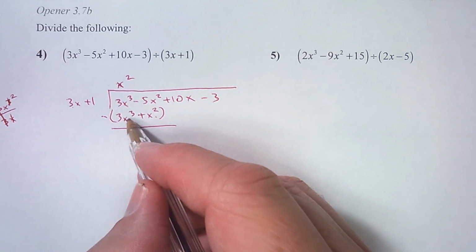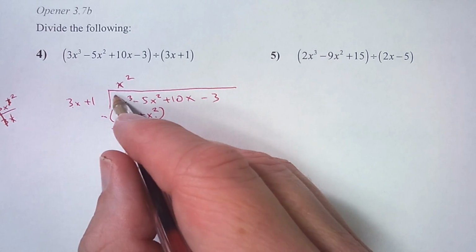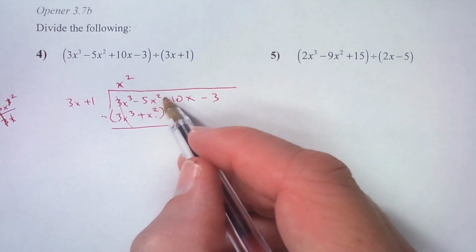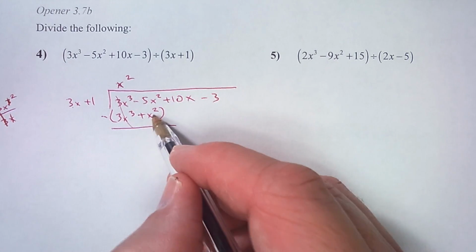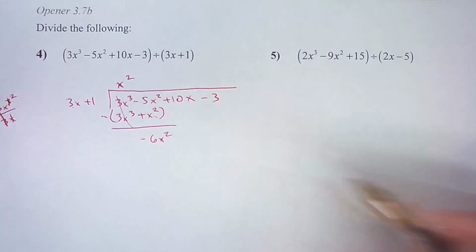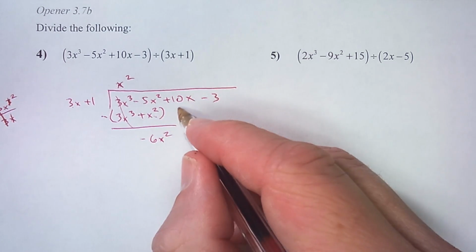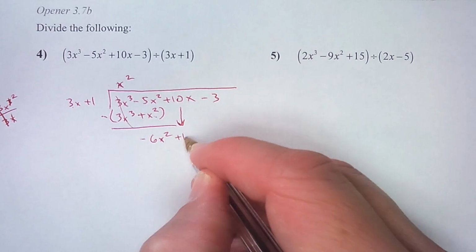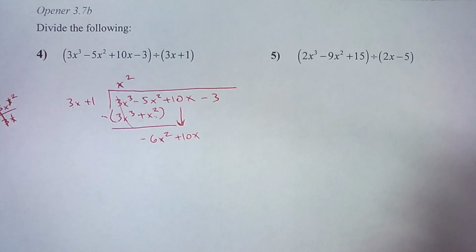So 3x cubed minus 3x cubed is 0, so that cancels. Negative 5x squared minus x squared is negative 6x squared. And we will bring down the plus 10x.